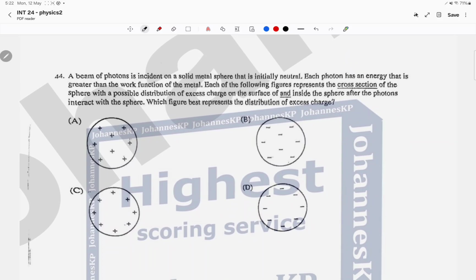Question 44. A beam of photons is incident on a solid metal sphere, initially neutral. That's wrong. Okay. Now, the photon energy, so the hf, is more than the work function. Metal sphere. So now, the electrons are going to leave it, correct? Yeah.